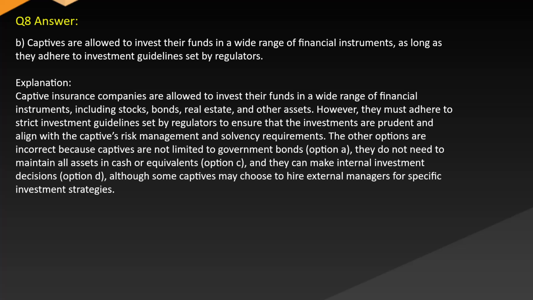However, they must adhere to strict investment guidelines set by regulators to ensure that the investments are prudent and align with the captive's risk management and solvency requirements. The other options are incorrect because captives are not limited to government bonds, Option A, they do not need to maintain all assets in cash or equivalents, Option C, and they can make internal investment decisions, Option D, although some captives may choose to hire external managers for specific investment strategies.